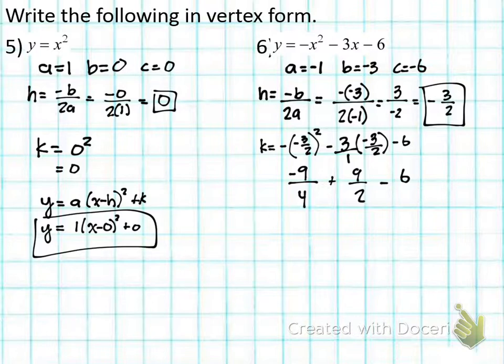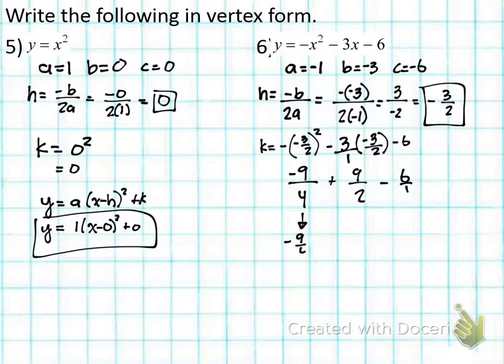Do we have a common denominator in all three of these? Look at the denominators on all three. Are they all the same right now? No. What's the lowest common denominator I could use? 4. Okay, so this becomes negative 9/4.